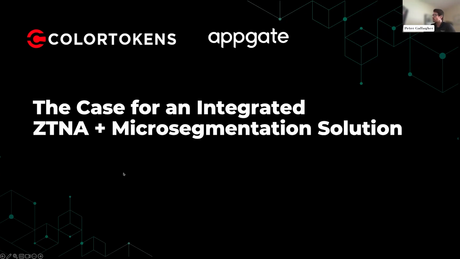There's the component where the users actually need to get access to the resources. And then there's the individual resources who themselves have reliance on other backend services. Think of a LAMP stack where there's going to be a front end, an application server, and then a database server. And being able to have a holistic solution whenever you combine Appgate and ColorTokens together, where it is truly end-to-end and secured and zero trust network access.